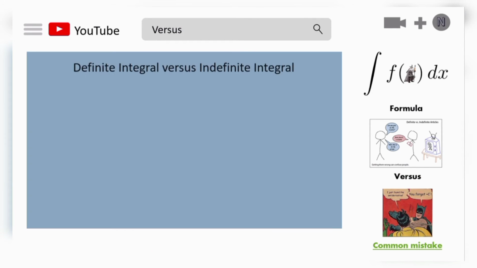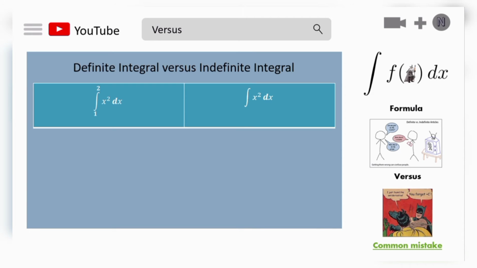In this topic, definite integral versus indefinite integral. When you see here, the definite integral has limits, that is 1 until 2. The definite integral has its limits.